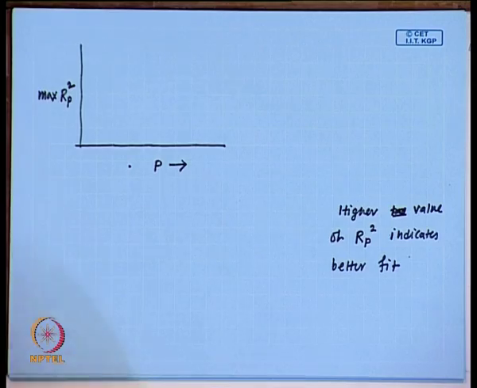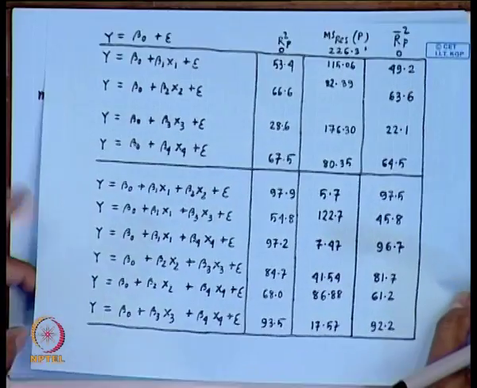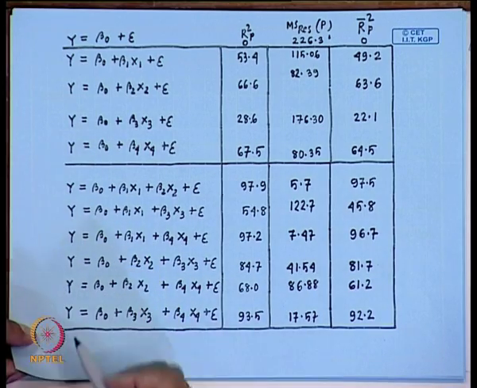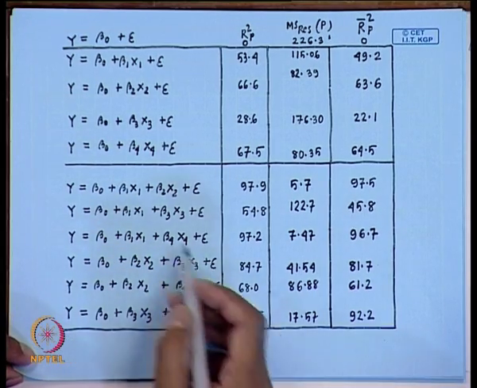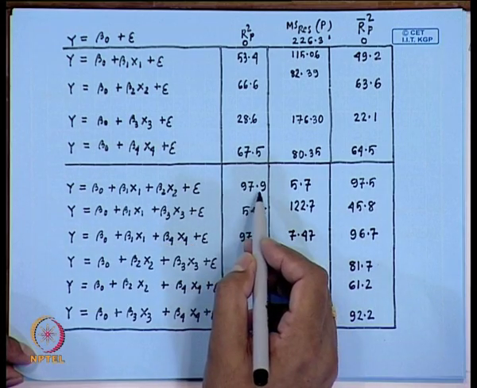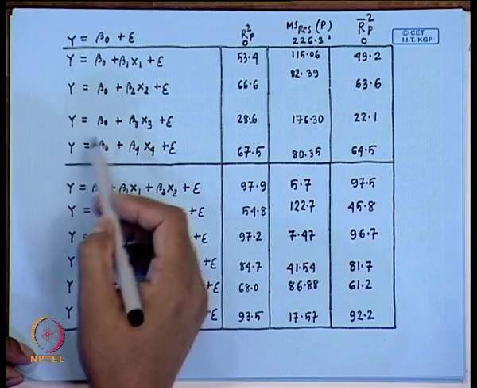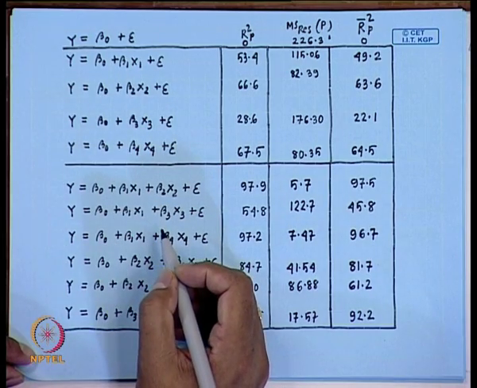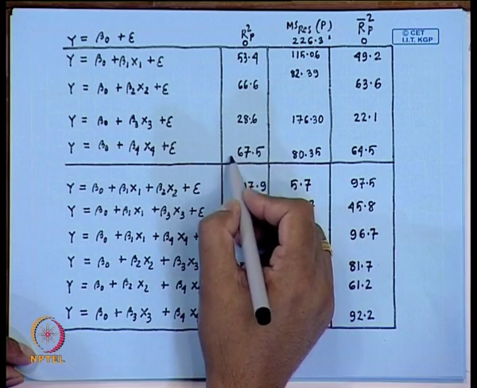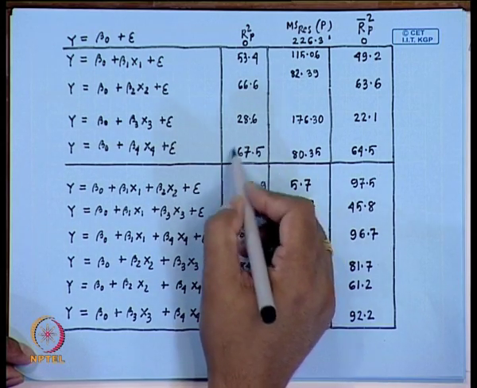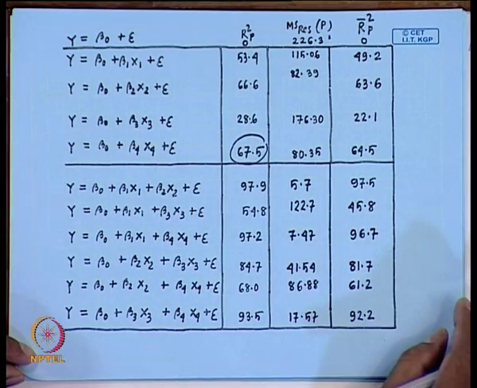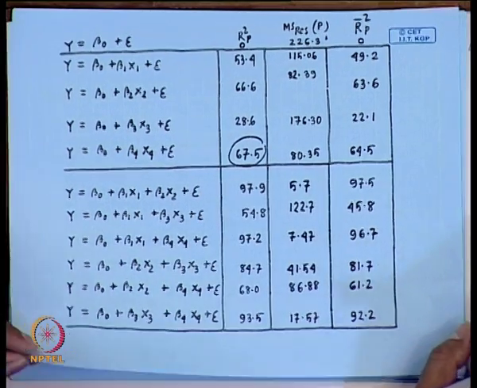Okay. So, what I want to mean is that out of all these 6 models which involve 2 regressor variables, this one is the best. Out of all these 4 models involving 1 regressor variable, this one is the best, because this model has the maximum coefficient of determination.